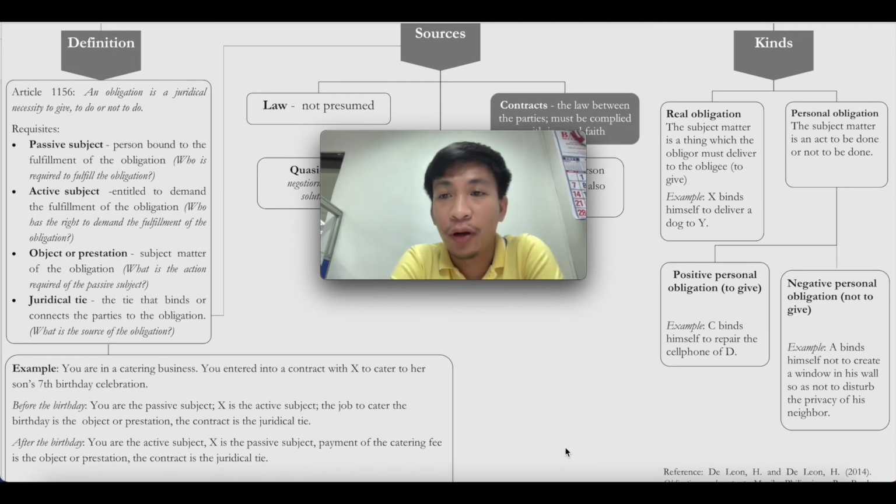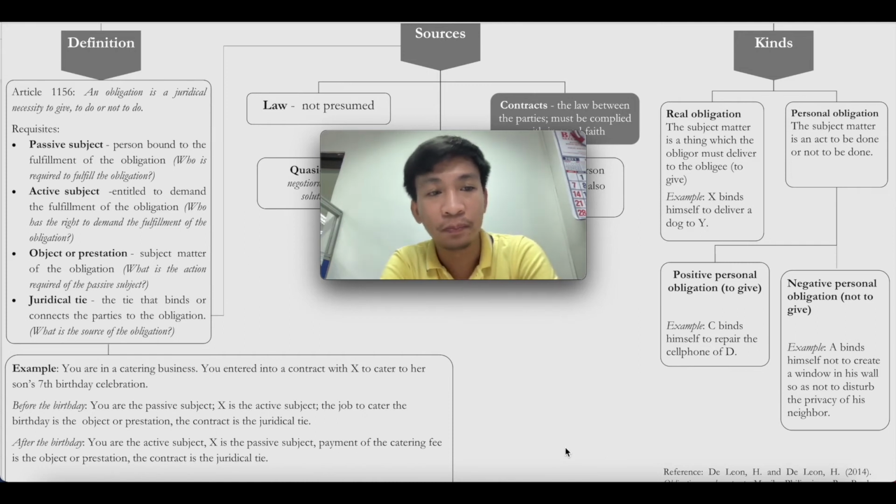The next part is on the kinds of obligations. There are 2 kinds of obligations, pero before we discuss that, let's go back to the definition of obligations under Article 1156 ng New Civil Code.